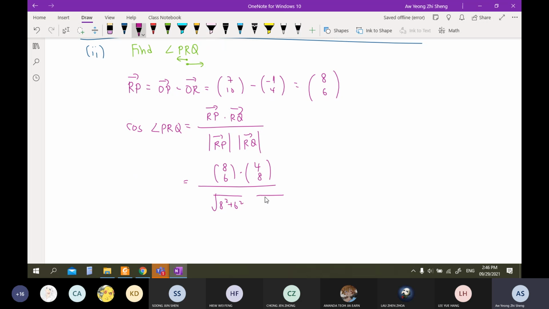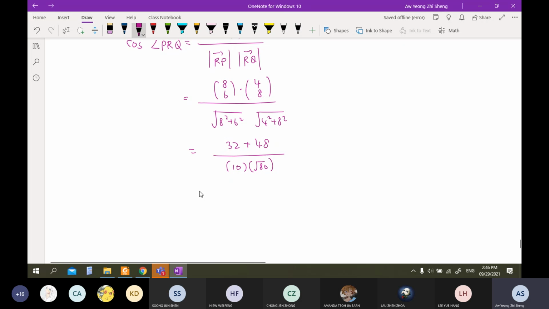Then the length formula at the bottom. 32 above, 6 times 8 is 48. At the bottom, you have this 10 and square root of 80. At the top, it's actually 80 divided by 10 square root 80, which you can simplify further as 8 over square root 80 if you like.